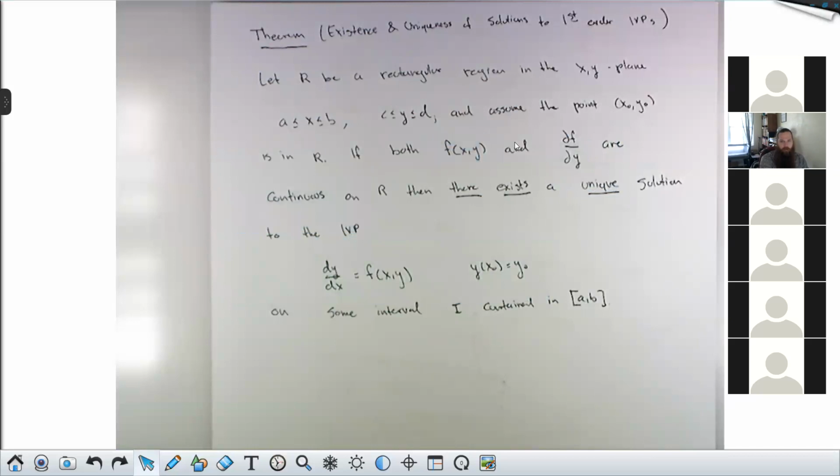If they are continuous on some rectangle, then along the x-axis within that rectangle, there will be an interval on which there's a unique solution to the IVP. Basically, if f and df/dy are continuous, then you've got a unique solution. That's the way to remember this theorem. All the other stuff is a little bit extraneous. Details matter in mathematics, but this is not a proof-based class.